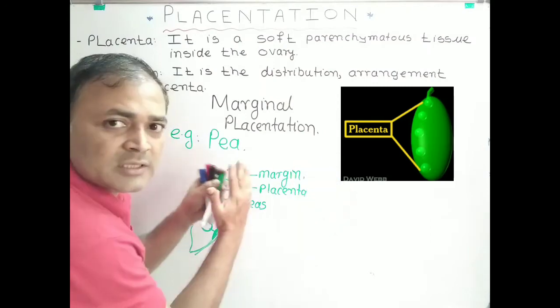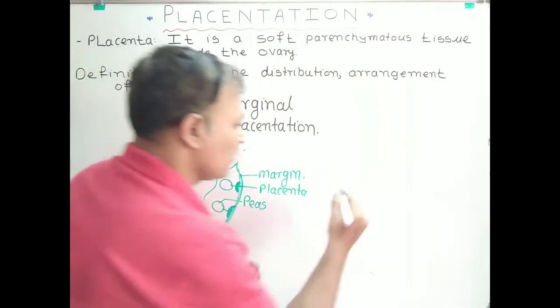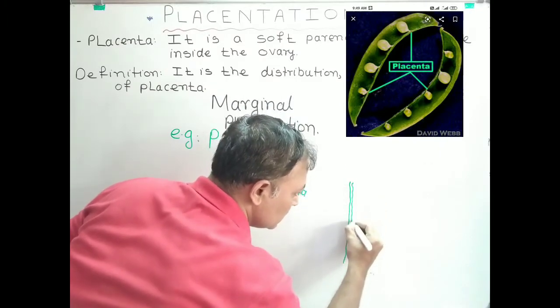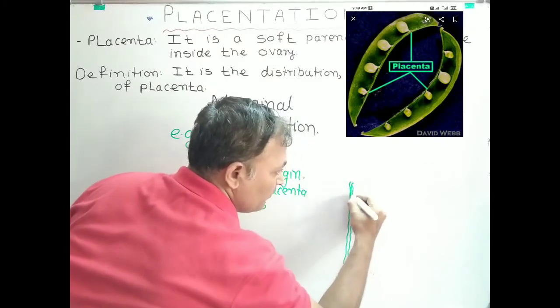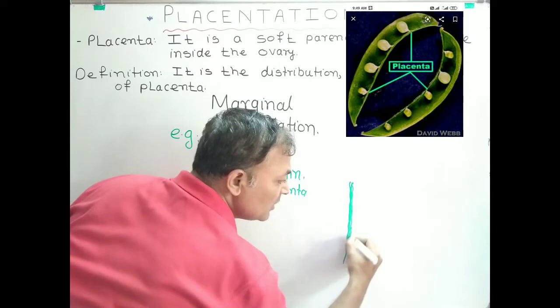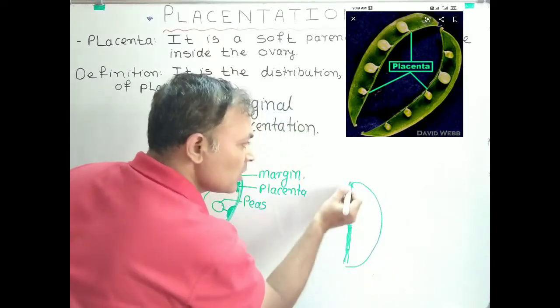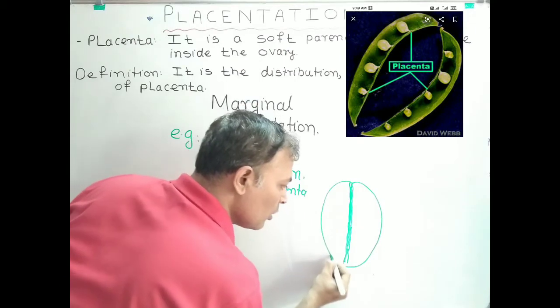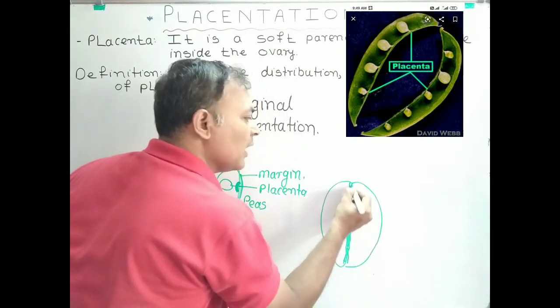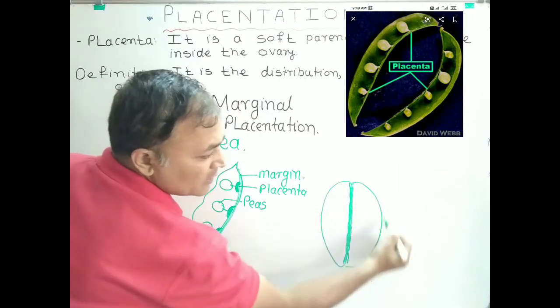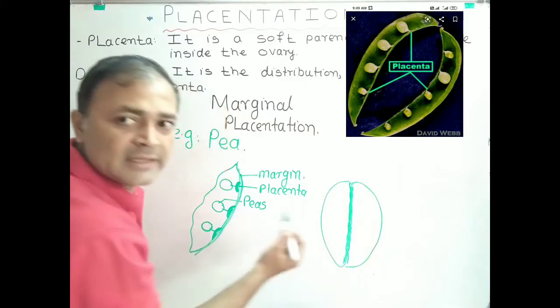When we open this pea, we will see a ridge in the center. This is the ridge whereby two parts of the pea are united. This part and this part are united at this ridge.